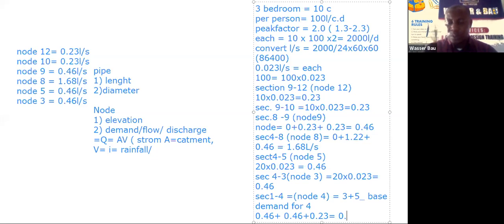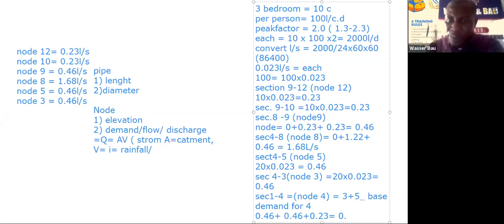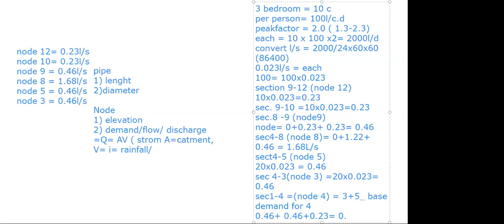No, it's not possible. No, that's not possible. Sorry, something is missing. 1.15. Even at that, wait, let's go back. Oh, we didn't add number 8. We made a mistake now. No, number 8 is also part of it. So it's going to be base demand for node 4 plus node 5 plus 3, then plus node 8.